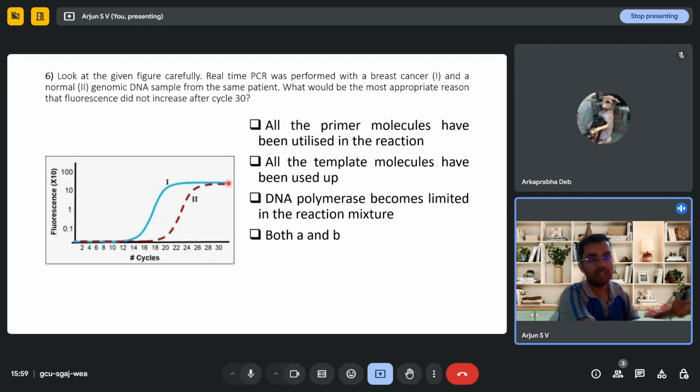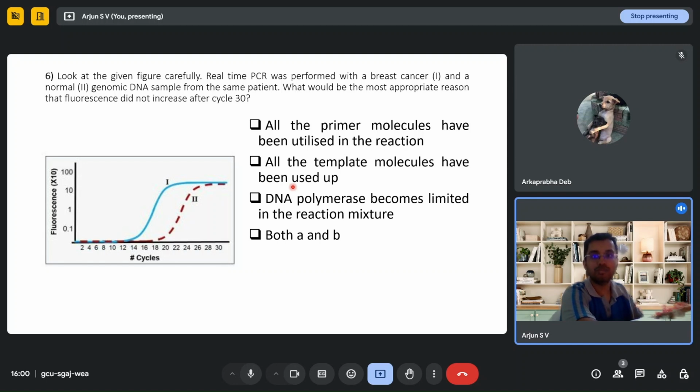There could be a lot of reasons why PCR signal saturates. One of them would be that primer molecules would have been replaced, or all the template molecules being used up. That is not a reason, because based on the denaturation cycles, the templates can be infinitely generated again and again.